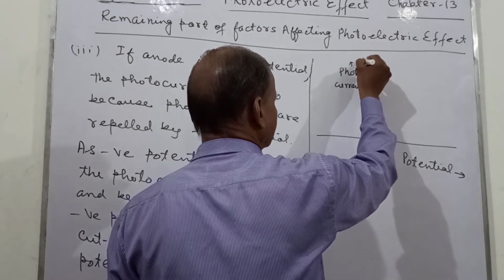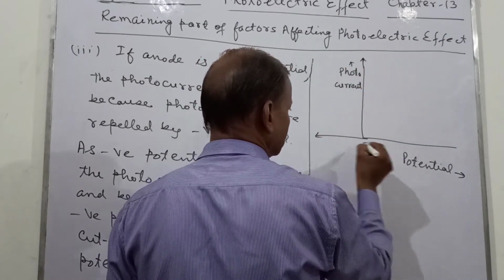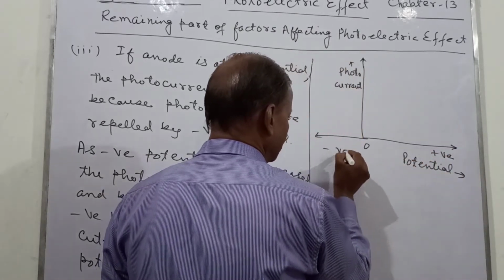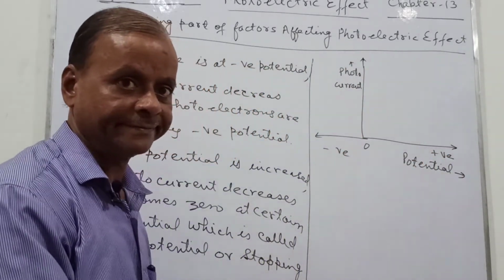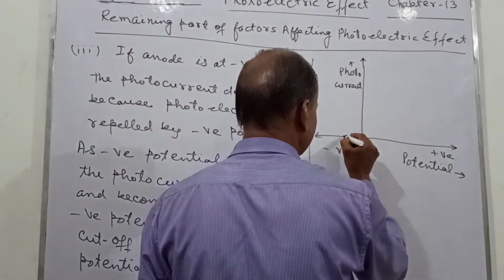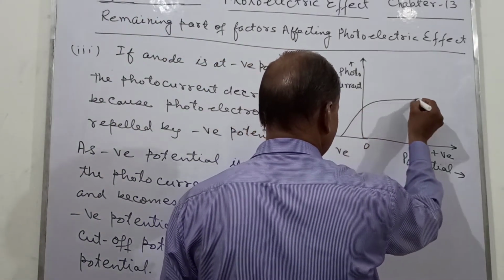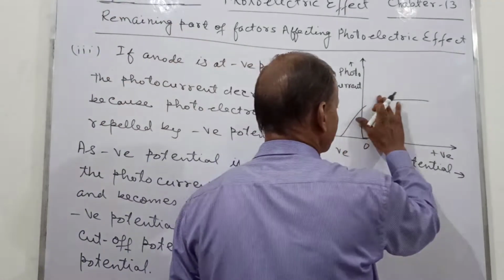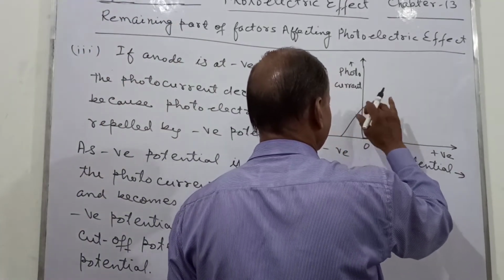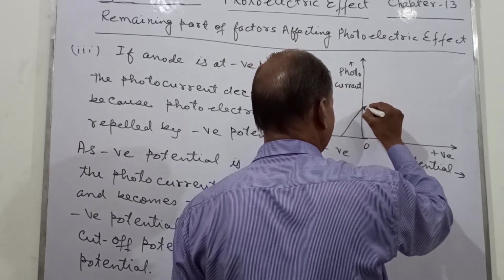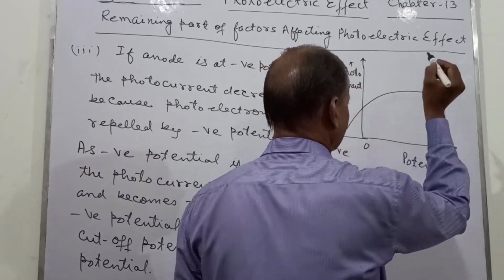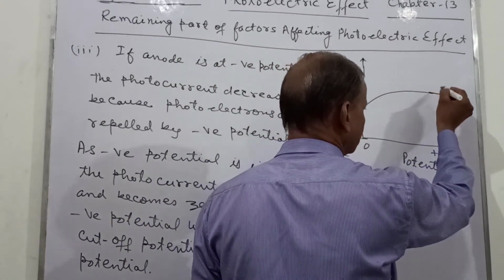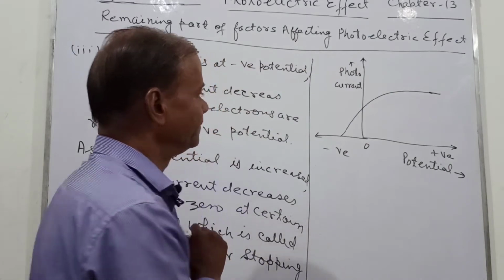This is positive potential. Here is the negative potential. Then we can see that like this, the current increases. Then this becomes constant. It is now constant, no more increasing.